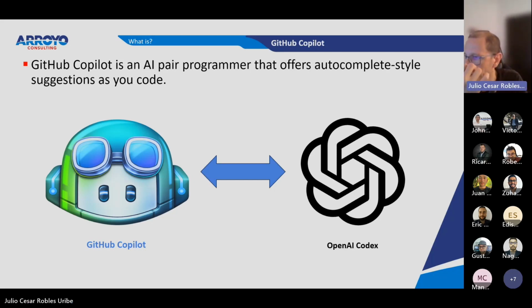Copilot, like I mentioned, is a feature that works with OpenAI. As you know, OpenAI is the company that created ChatGPT, and Microsoft owns a big part of that company.